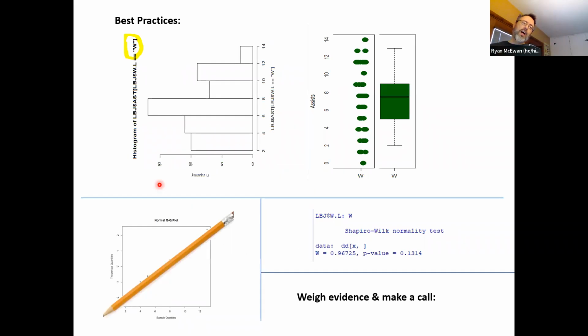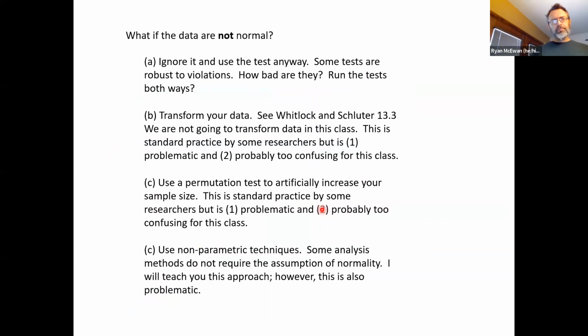That's a robust approach using multiple metrics to ascertain whether or not you can run the test for the effects or the test for the difference in your data set using a statistical procedure that requires a normal distribution. Bingo. Okay. What if you find that the data are not normal?